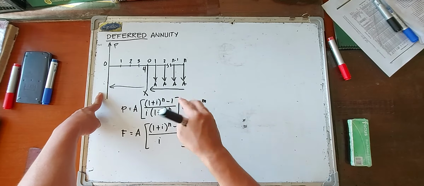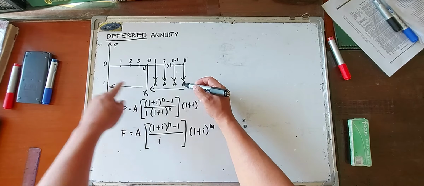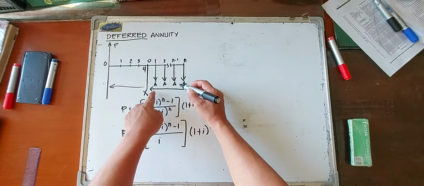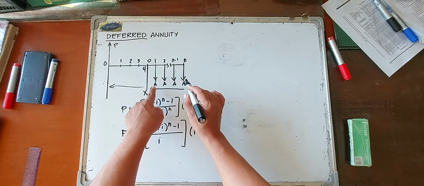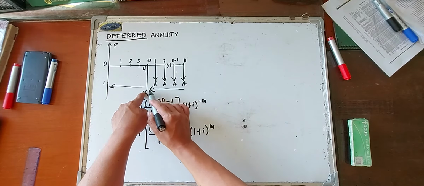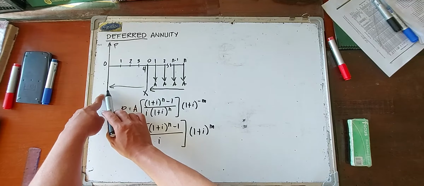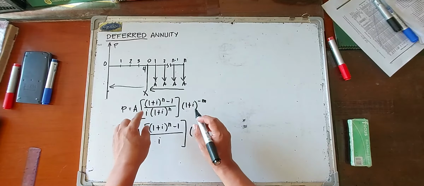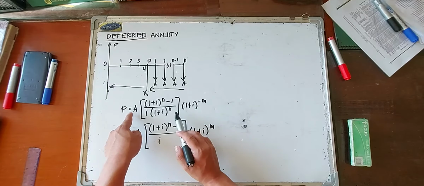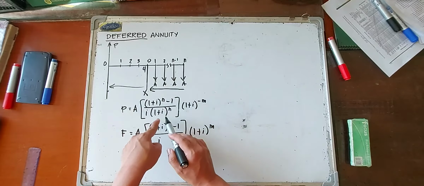So dalawang beses tayo mag-solve ng values, no? Itong periodic payments natin, we're going to solve for the value of each periodic payment relative to the 4th year, and then from the 4th year to the beginning of the annuity. So if that is the case, alam natin yung formula, we have discussed before kung paano mag-solve ng present worth ng mga annuities natin. So this would be this entire term.